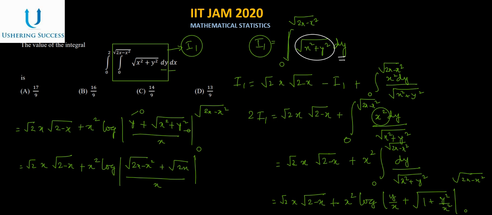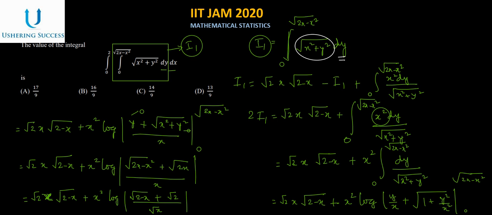So this is the value of this expression. So this can be further reduced to root 2 x root over 2 minus x plus x square log of root over 2 minus x plus root 2 over root x.